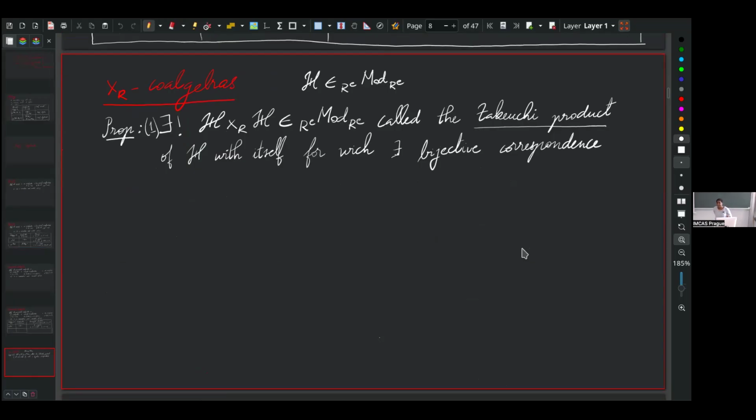So we need to define what is called the Takeuchi product. I will give a more precise definition later, but here I define it in terms of a universal property.